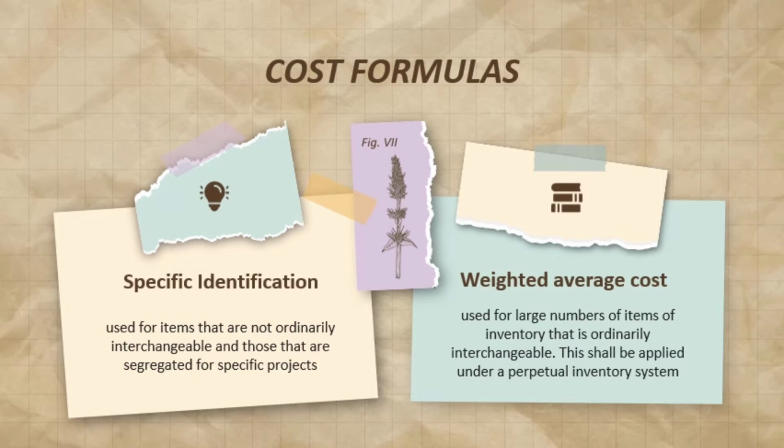So, government accounting uses perpetual inventory system wherein, kung ating matatandaan, every movement sa ating inventory account ay meron siyang corresponding journal entry.